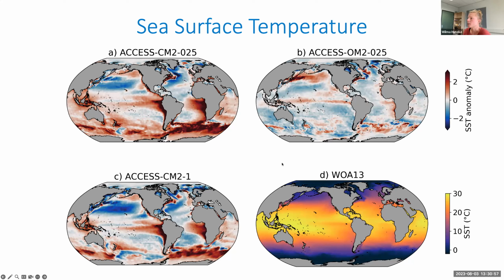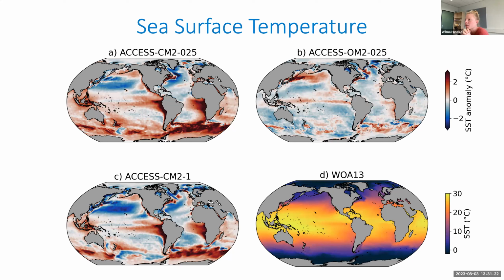So first you can see the biases are smaller in the ocean-only version. I guess that's to be expected as it's forced by the reanalysis product. But when you look at the coupled model, you can see that mostly the pattern of the biases stays the same. That's my first point.